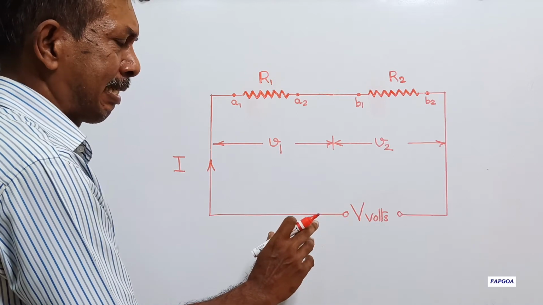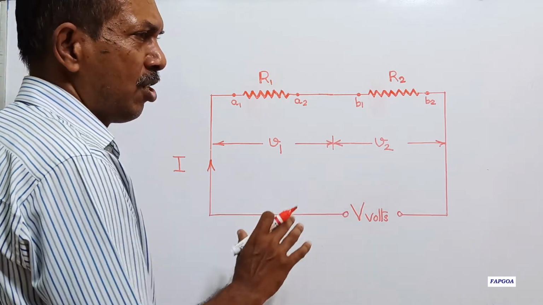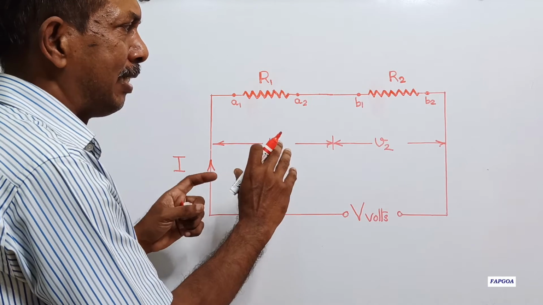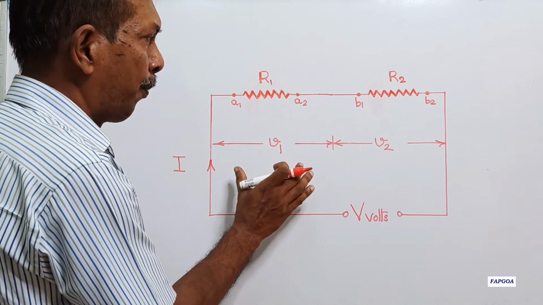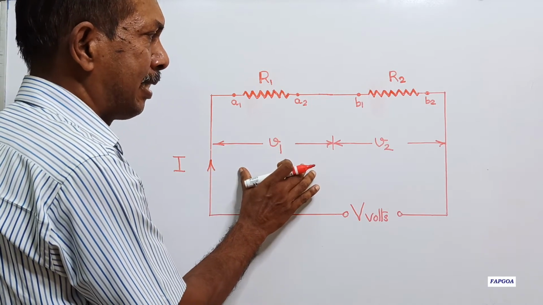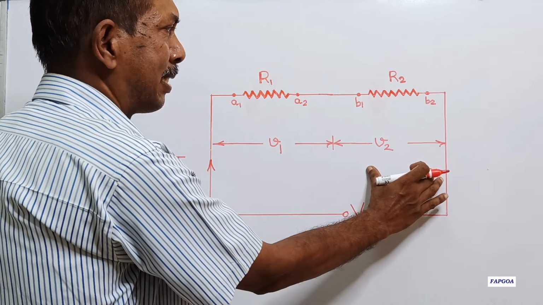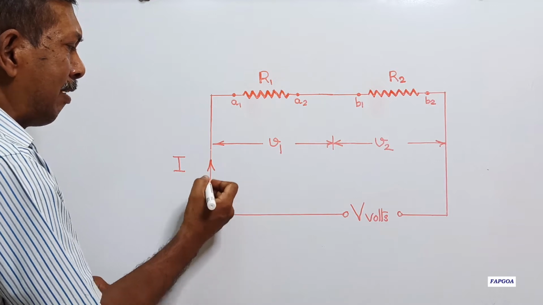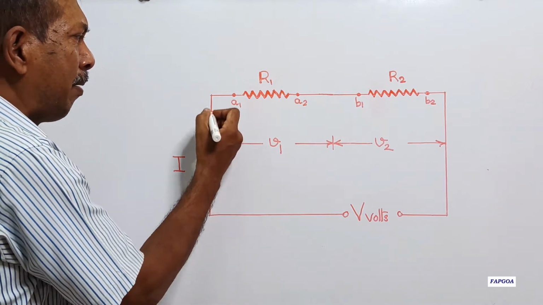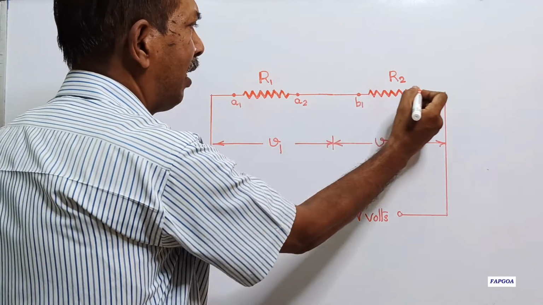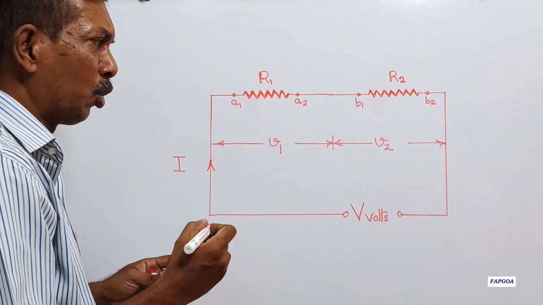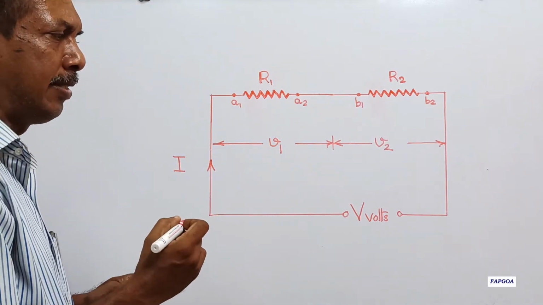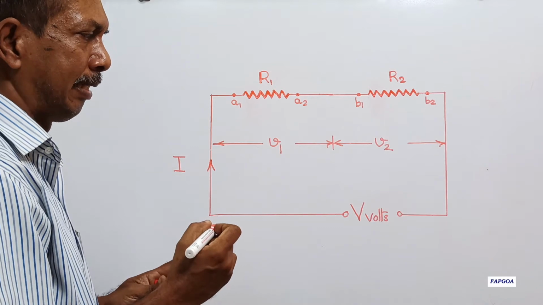So in a series circuit the voltage drops. That means in simple terms it is distributed across resistance R1 and resistance R2. And you will see the current drawn I, the same current flows through R1 and R2. So current remains constant in a series circuit.